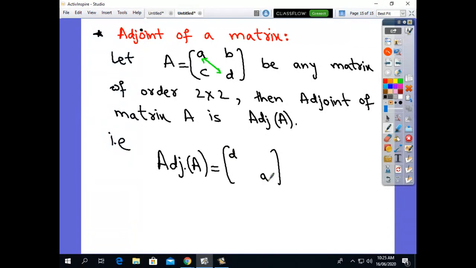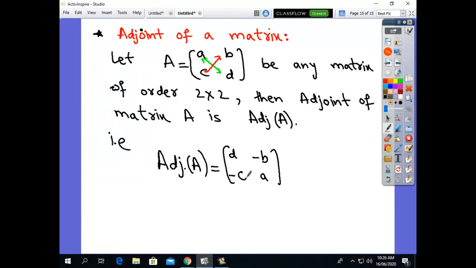The principal diagonal values are interchanged, and we change the sign of the other diagonal. The other diagonal is b and c, so it becomes negative b and negative c.